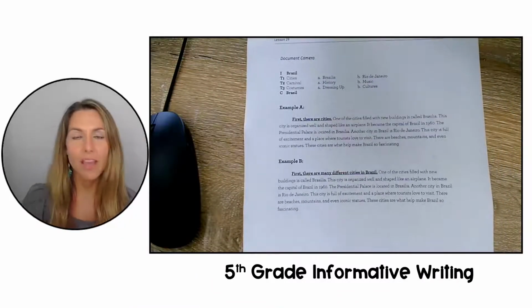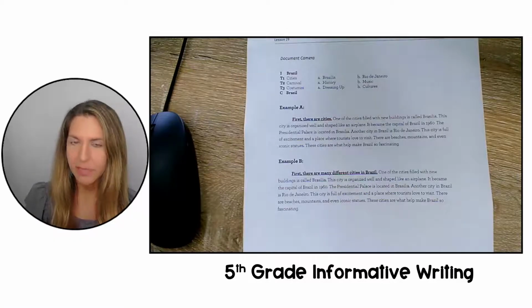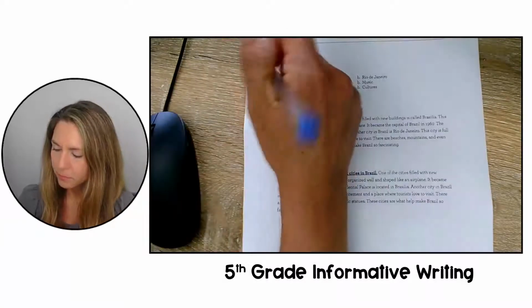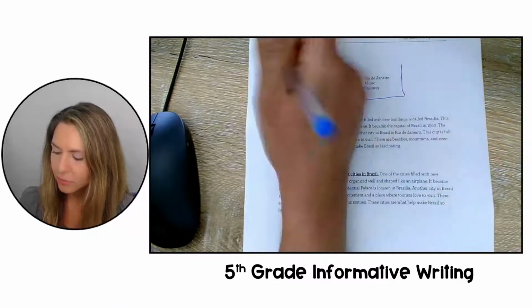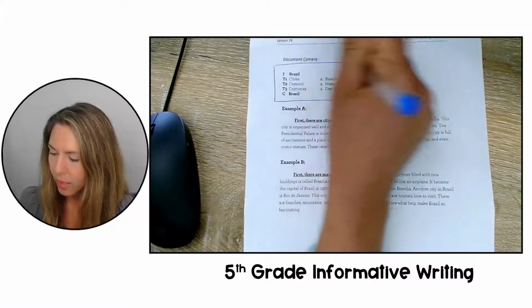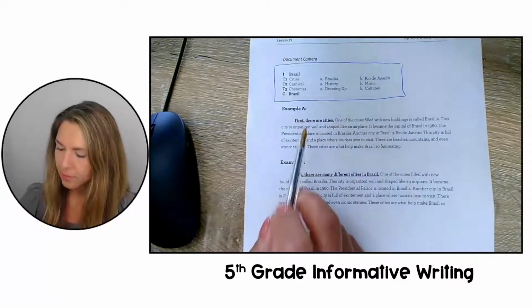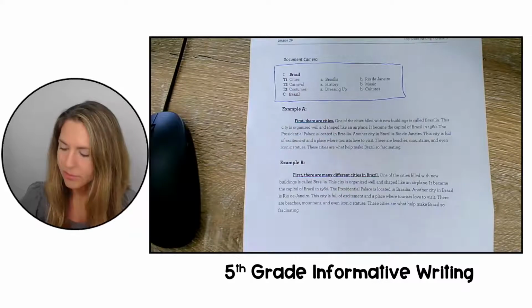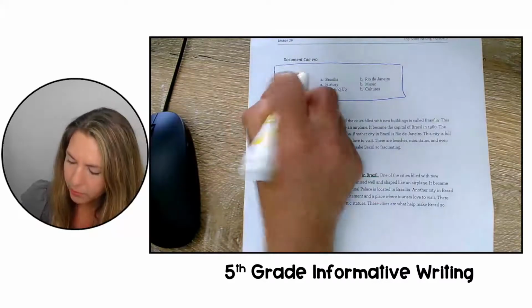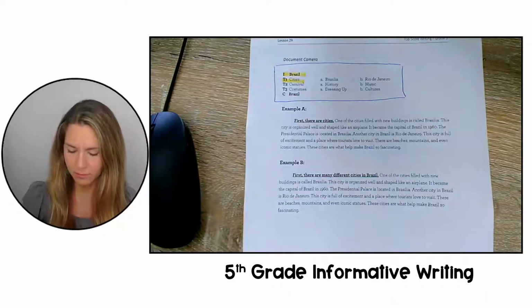So here I have for you our completed plan that we just reviewed. And I have two examples for you of topic sentences. They are both examples for T1. So T1 is all about the cities of Brazil.